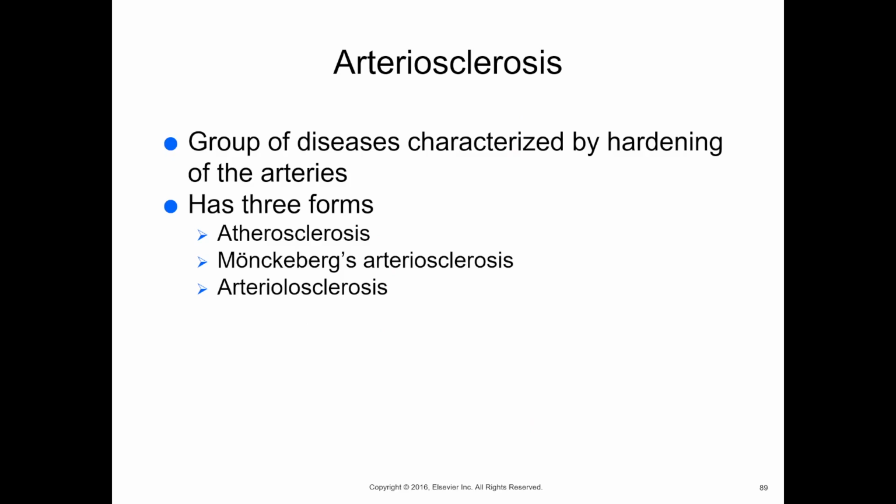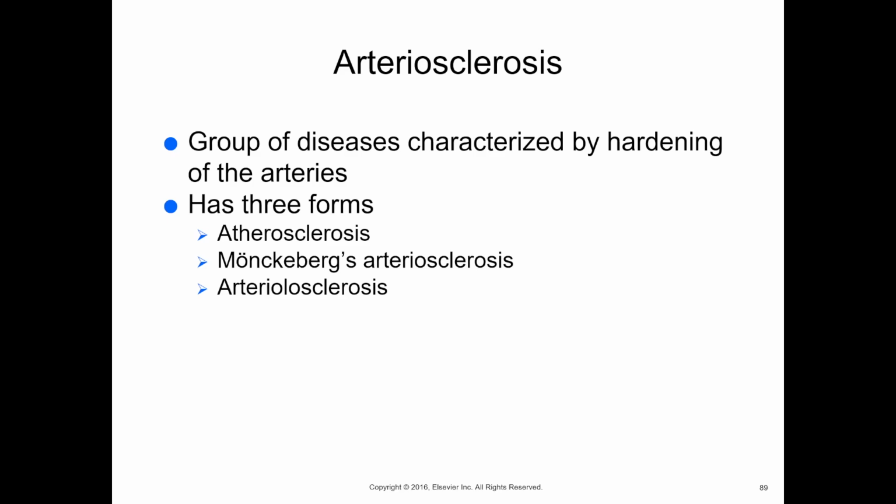So, arteriosclerosis, we've talked about this already. This is hardening of the arteries, not to be confused with atherosclerosis, which, while related, is a different specific disease. There's also Monckeberg's arteriosclerosis and arteriosclerosis itself.